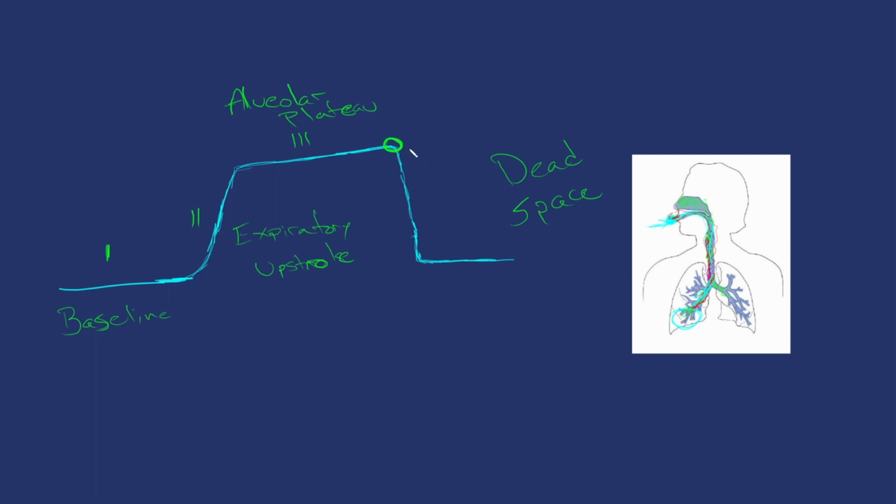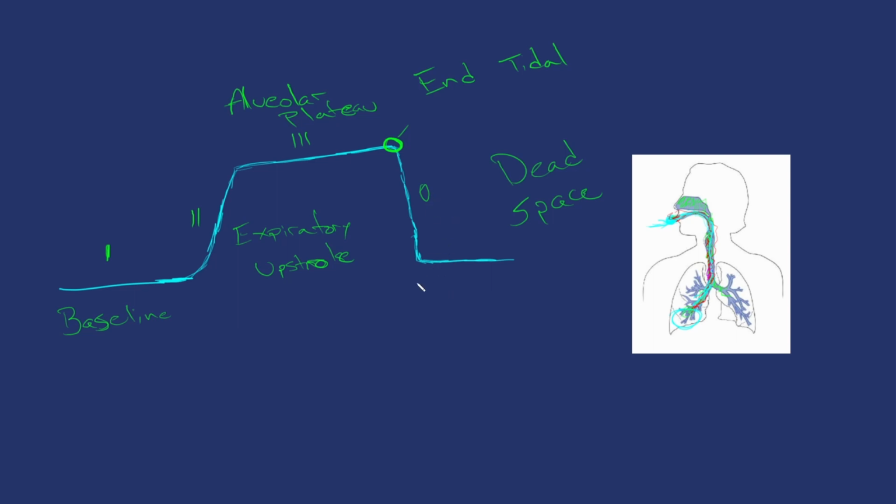And this is the one that we're paying attention to when we're doing our capnography, because this is called the end tidal CO2. Okay, and that should be the 35 to 45. Then, as we start to breathe back in, that level of CO2 being detected at the meter drastically drops off as it goes back to atmospheric conditions. That's going to be stage 0.